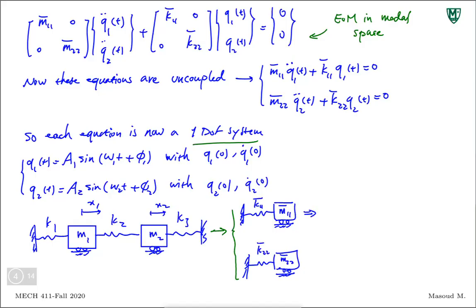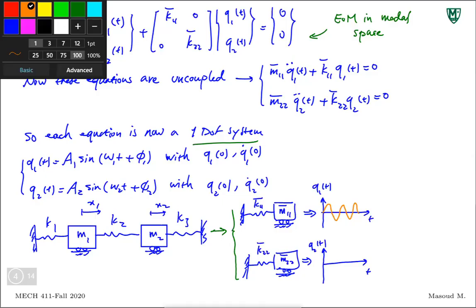For each, you find the system response. Here's what we get. You get the system response like this. Let's say Q1(t) against time, and this is Q2(t) against time. It's a free vibration, so for each of them you will get something like this. No damping in this case. You will get this, and let's use a different color. You get this.